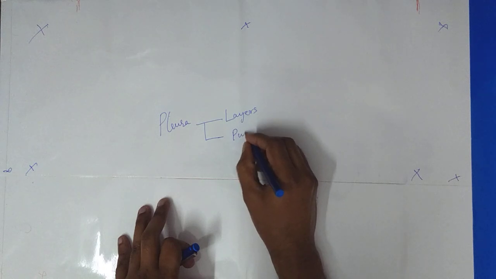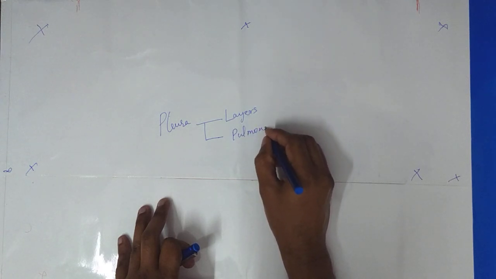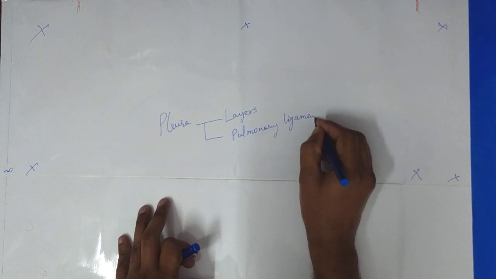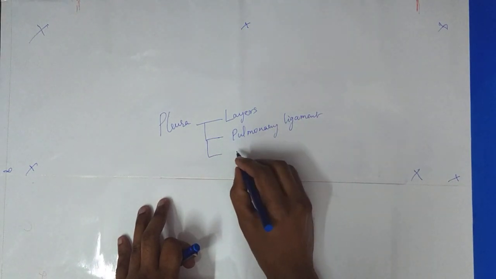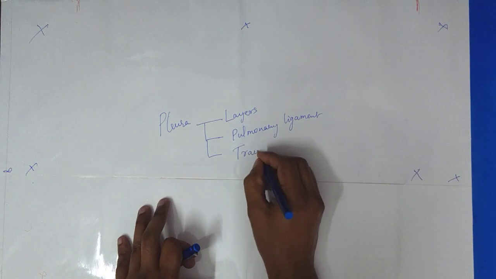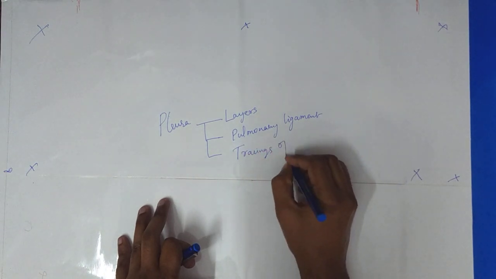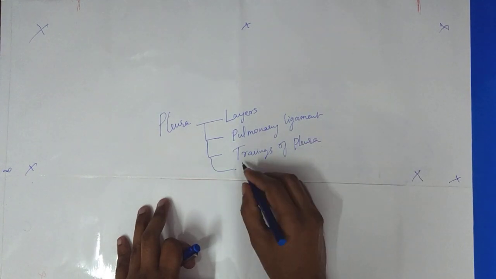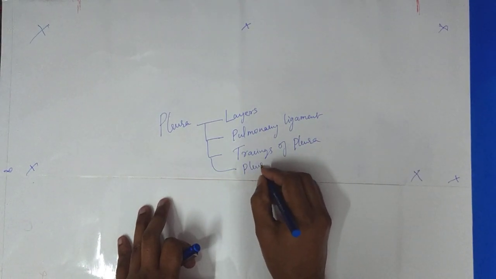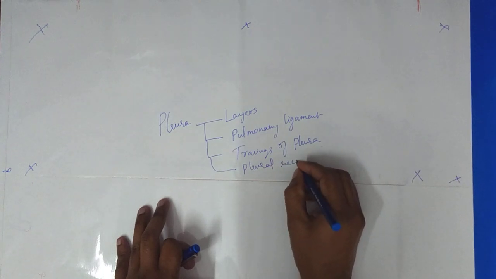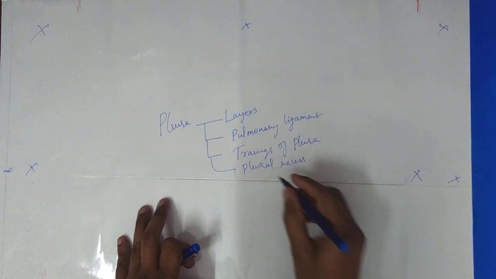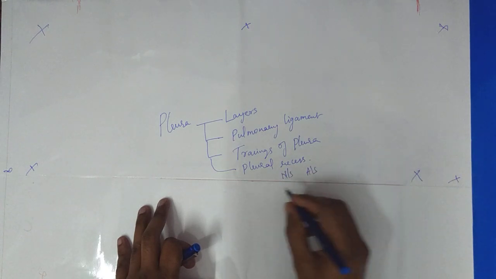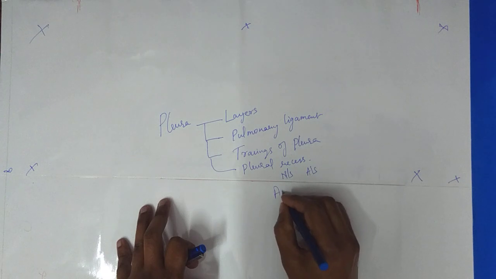And one more thing is pulmonary ligament, then tracings of pleura, then we have pleural recesses. At last, after that, nerve supply, arterial supply, and applied aspects.